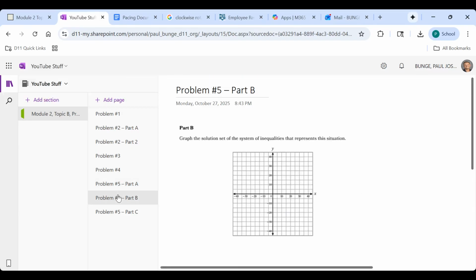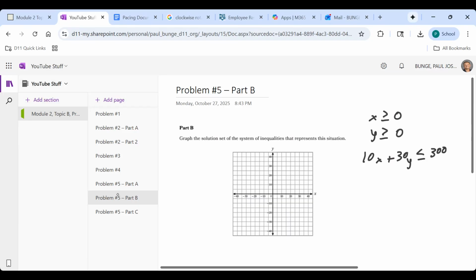On part B, now we're going to watch Mr. Bunge's chicken scratch on graphing, and we are going to graph what we just did. We have 3 pieces we have to graph: X is greater than or equal to 0, Y is greater than or equal to 0, and 10X plus 30Y is less than or equal to 300.